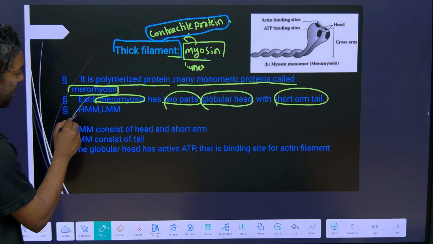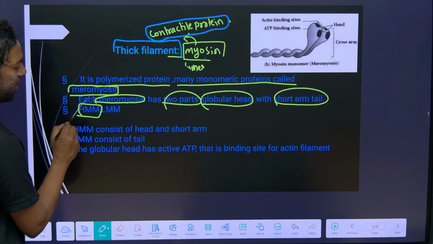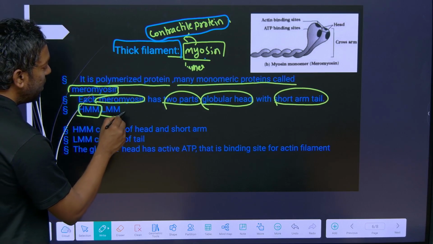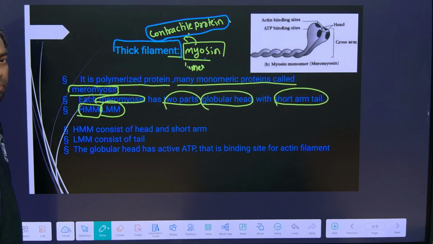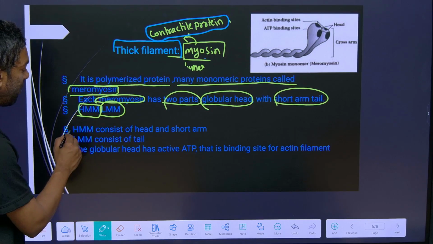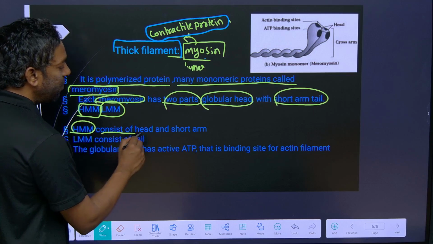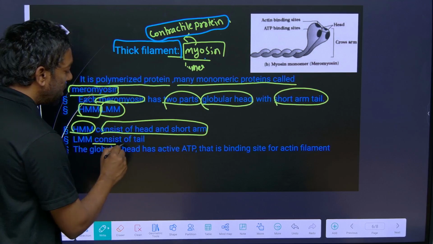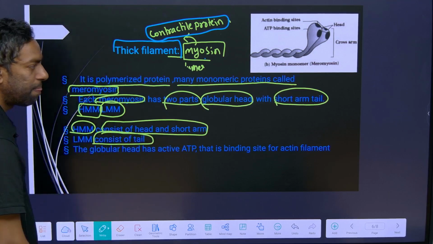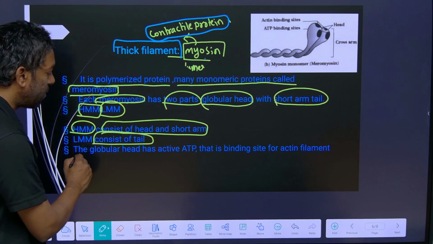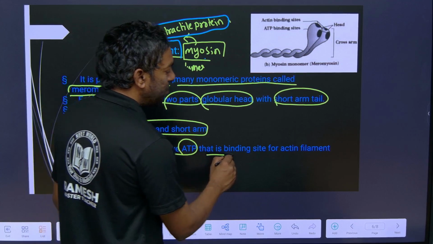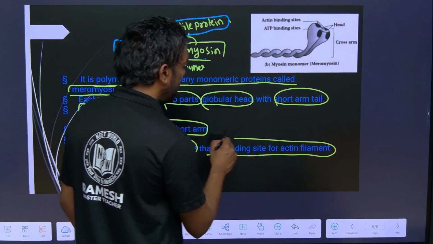The head we can call heavy meromyosin, and the tail we can call light meromyosin. Heavy meromyosin consists of the head and short arm. Light meromyosin consists of the tail. The globular head has the active site for ATP, and the binding site for the actin filament.